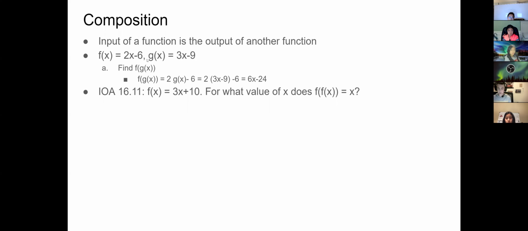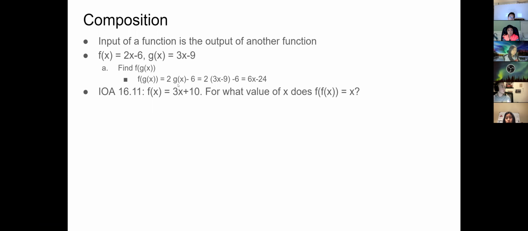For example, f(x) is this, g(x) is this, and if I want you to find f(g(x)), then f(x) is trying to do 2 times whatever input minus 6. Now this input becomes g(x). So for f, it's 2 times g(x) minus 6, right?